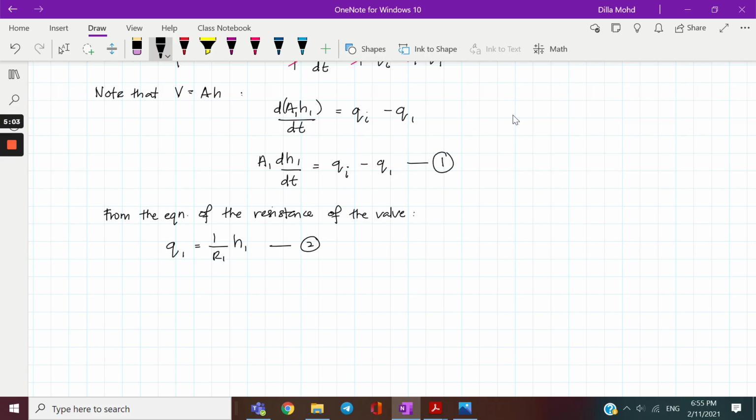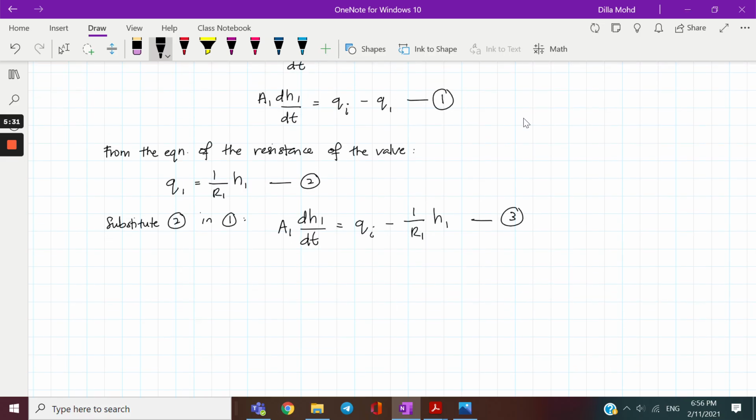And then what you do next is you substitute 2 in 1. So you will have A1 dH1/dt equals Qi minus 1 over R1 H1. This would be your equation number 3.